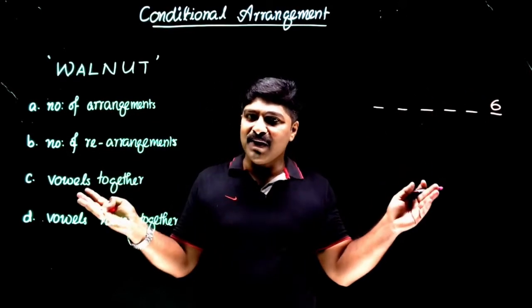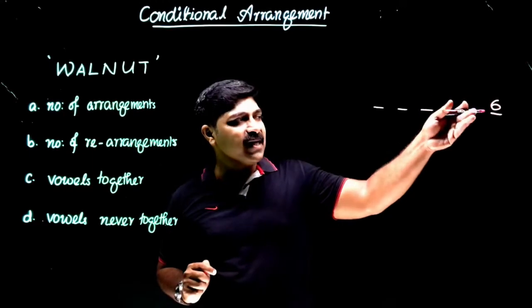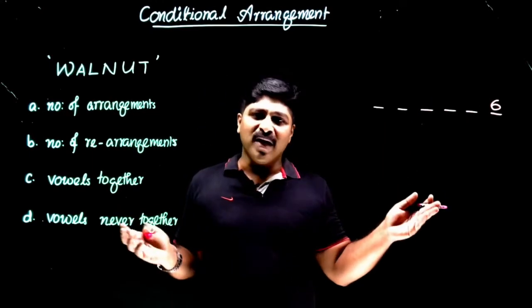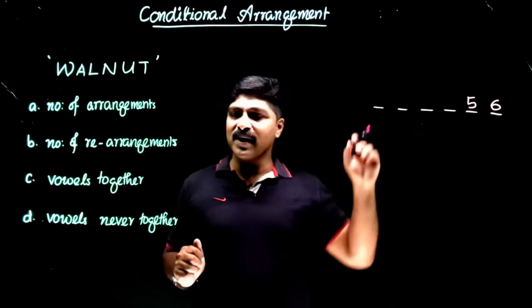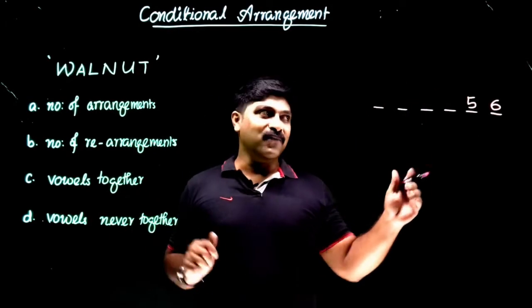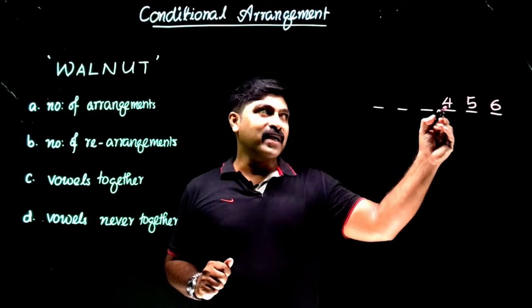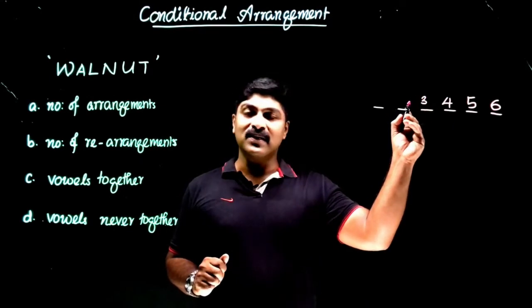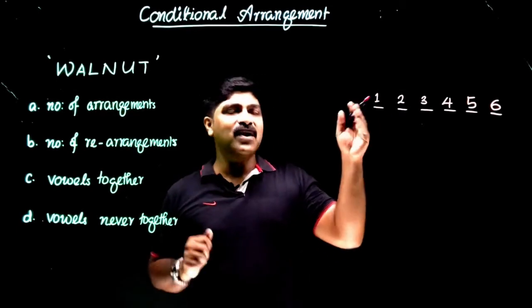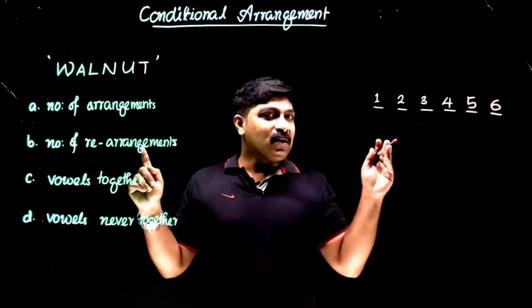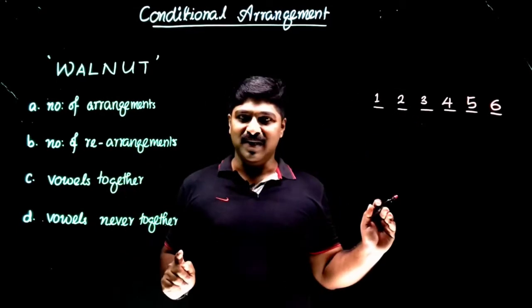For the rest, how many letters are available for filling the second place? Only 5 letters, so 5 ways we can fill this place. In a similar way, this place can be filled in 4 ways, this in 3 ways, this in 2 ways, and the rest has only 1 letter, therefore 1 way. What's the total number of all the possible ways here?